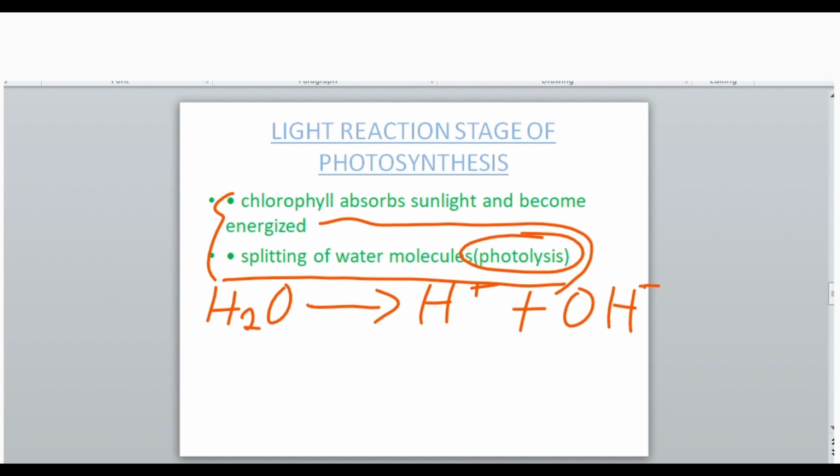Now, the hydroxyl ion reforms water and gives out oxygen. That's where the oxygen that is given out during photosynthesis is produced. This OH will then reform water, and oxygen is given out.